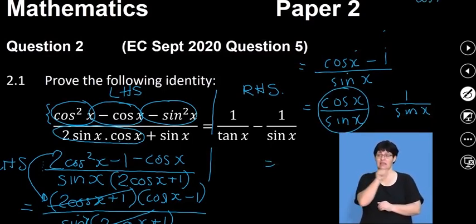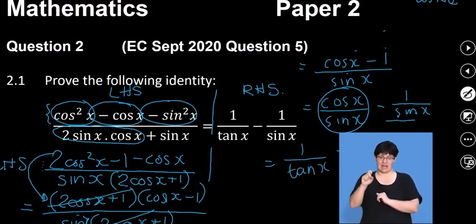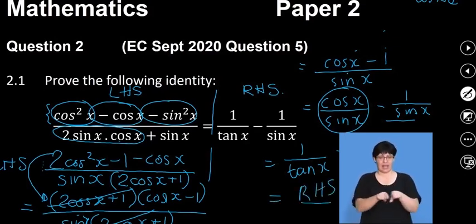So therefore, 1 over tan x is the reciprocal of that. It's going to be cos over sine. So this can now be simplified to 1 over tan x, and then of course I've got my minus 1 over sine x over there. All right, and therefore I've now proved that the left-hand side is equal to the right-hand side.